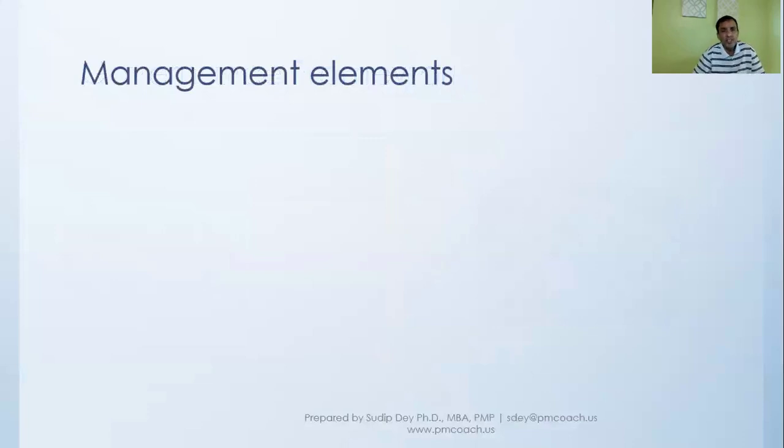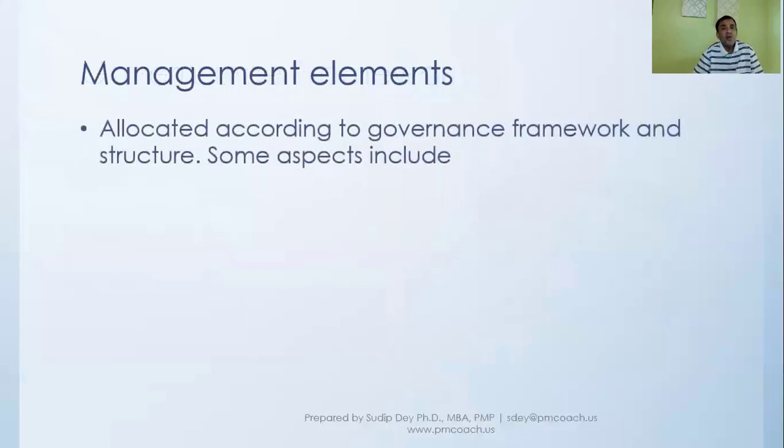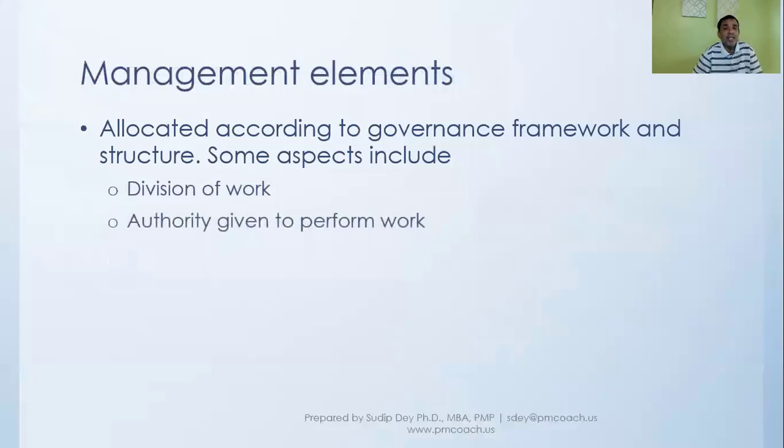Management elements, the second leg of the organizational system that we looked at, will comprise things like division of work. So how is work divided? Is it divided according to the specialty people have, and so on and so forth? And then what kind of authority is given to perform work?